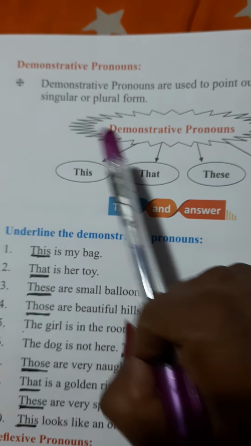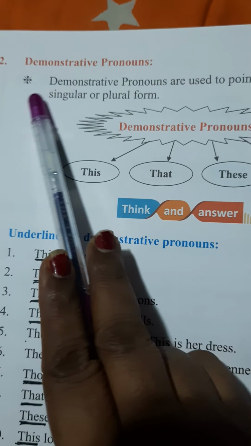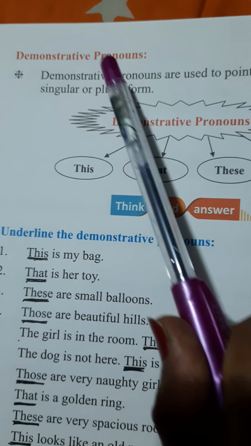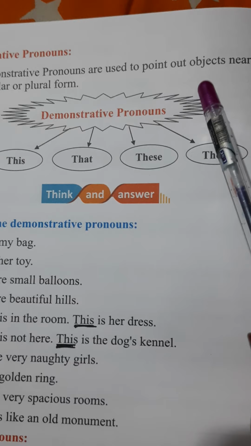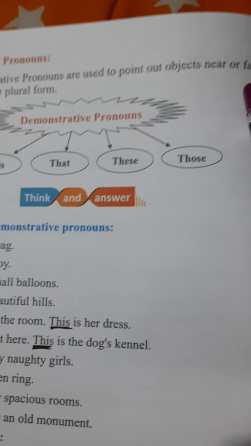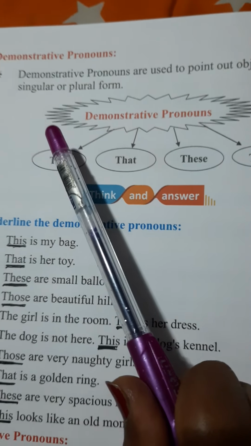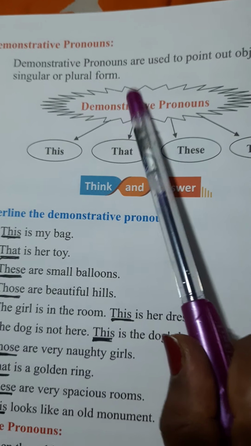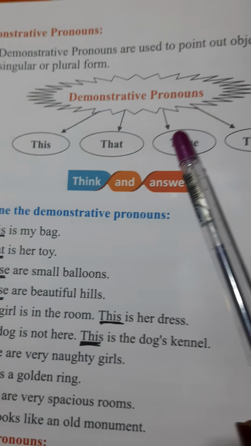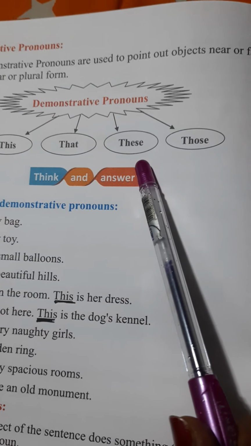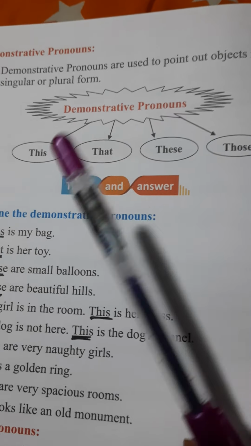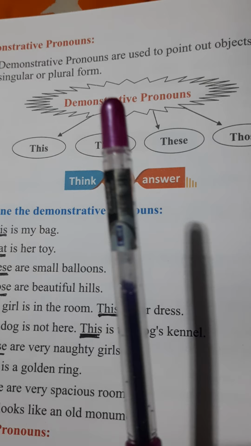Now a very important part which we are going to do is the demonstrative pronoun. Demonstrative pronouns are used to point out objects near or far in singular or plural form. Now different demonstrative pronouns are this, that, these, those. Now see child, this is a pen.